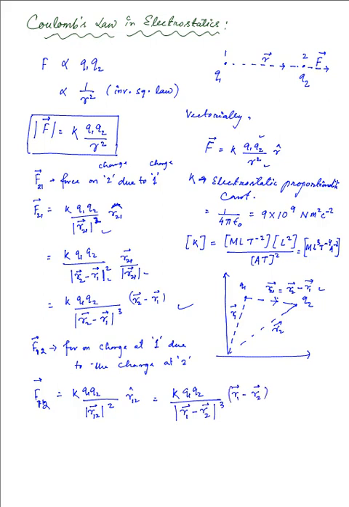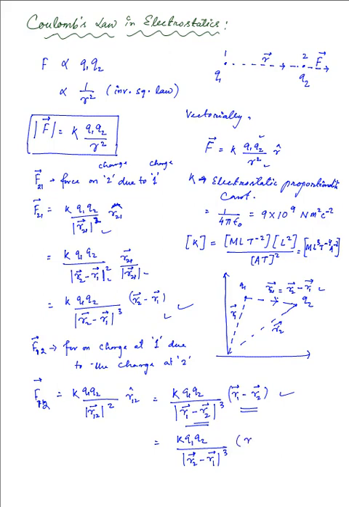Now if I were to check these two expressions and compare them, what I would see is that if I interchange these values over here, then what I get is K Q1 Q2. Interchanging over here wouldn't really affect the value because it's in modulus, and the modulus means the magnitude, so the magnitude doesn't change even if I change the signs over there.